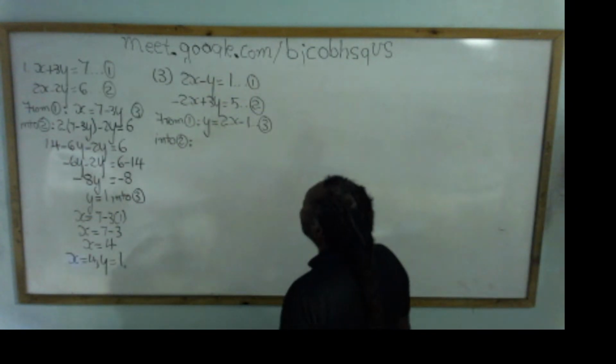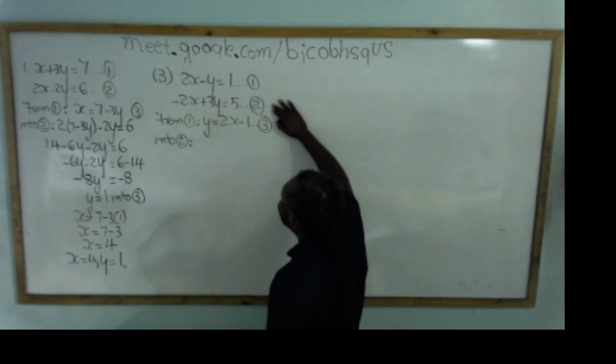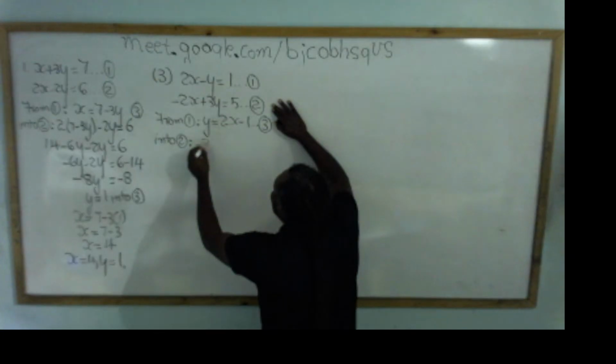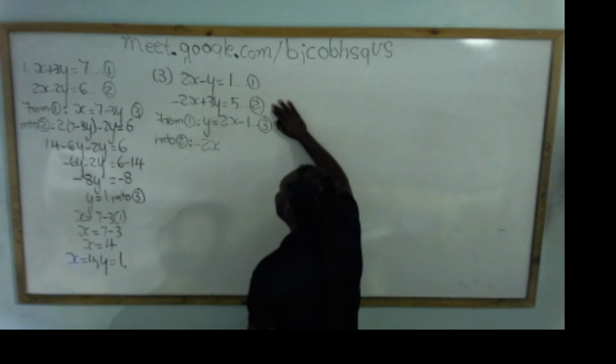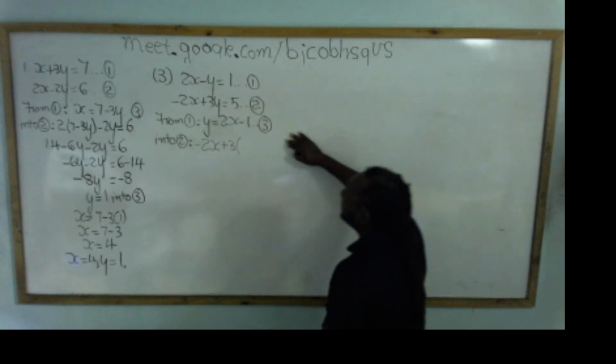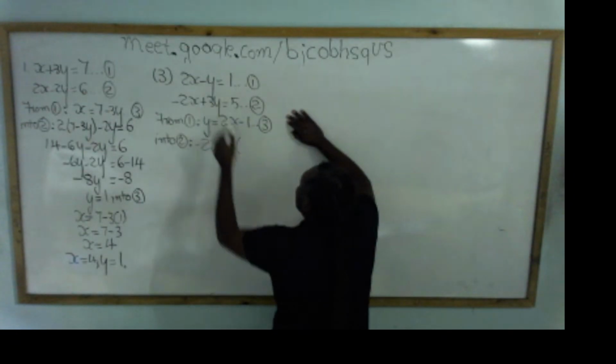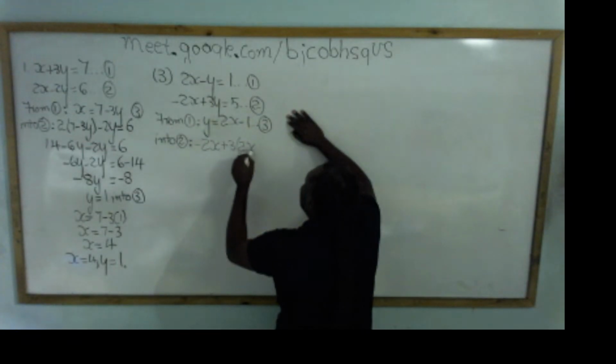When we put that into equation 2, what do we get? We get negative 2x plus 3 times y. What is y? Put that into equation 2. Negative 2x plus 3 times y. What is y? 2x minus 1.